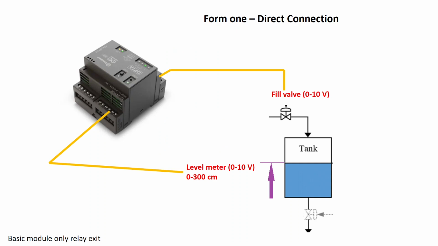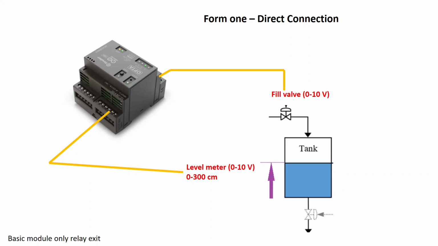Now, to build this system we could do what's shown in the picture, a direct connection, where we can read directly from the level meter, which we could connect to the Opta, and then we would also be able to send a voltage between 0 and 10 from the Opta to control the fill valve.